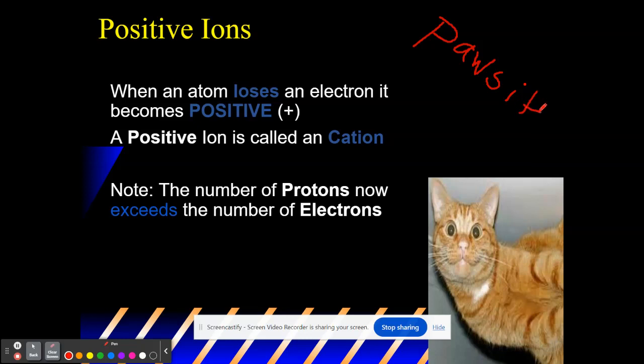The cat generally makes people happy, might make them smile. It's a positive thing. Therefore, they're called a cation, and they're losing an electron.